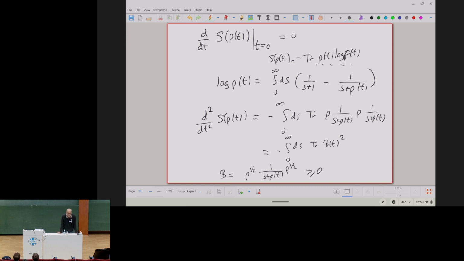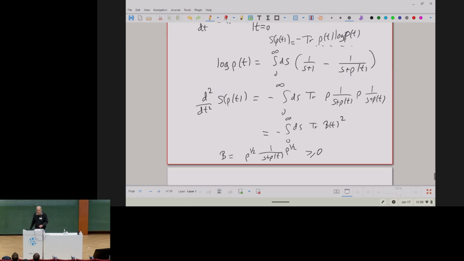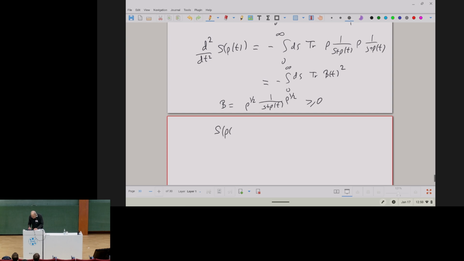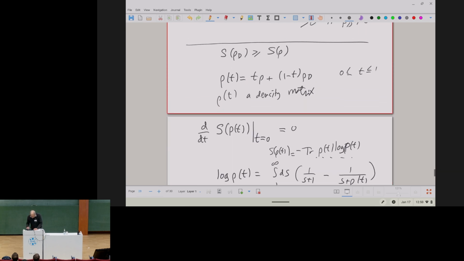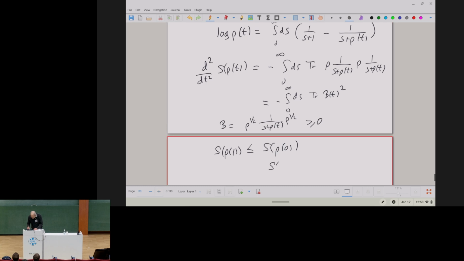So trace b squared is non-negative, and therefore the second derivative is non-positive. So we have a function whose first derivative at the origin is 0 and its second derivative is everywhere non-positive. So we conclude that S of rho of 1 is equal to or less than S of rho of 0. But if we go back to the beginning, S of rho of 0 was S of rho d, and S of rho of 1 is S of rho.